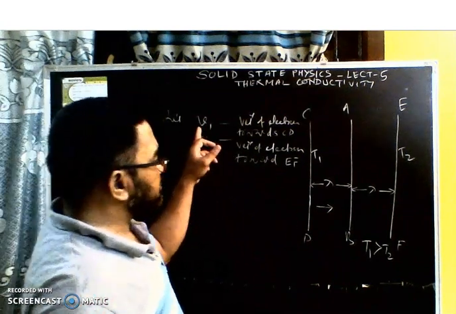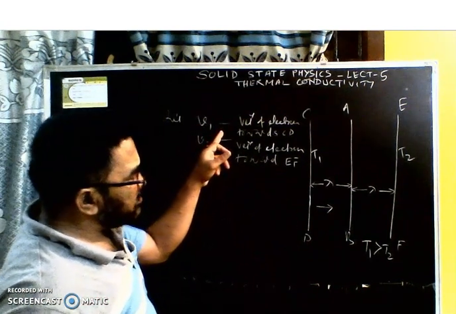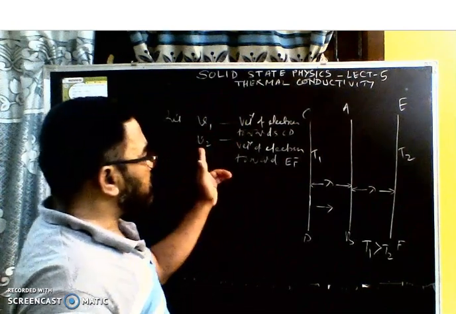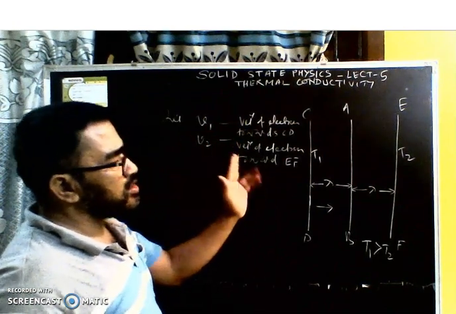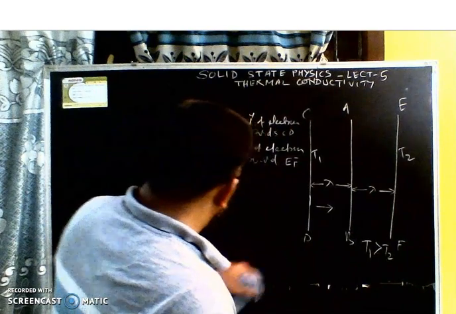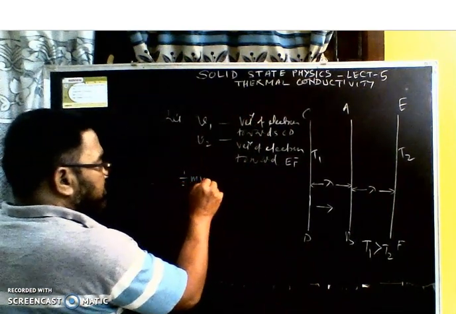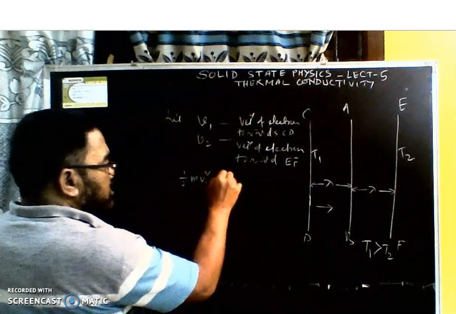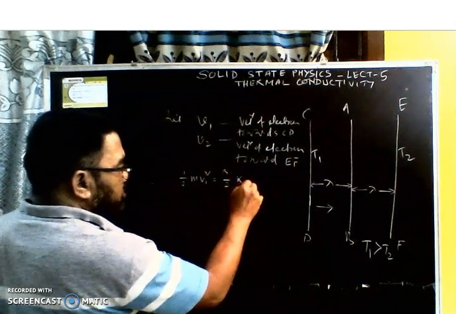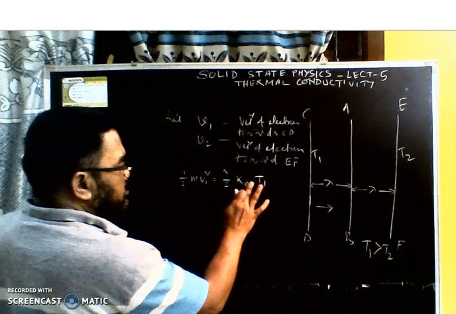V1 is the velocity of electrons having some higher kinetic energy, and V2 is the velocity of electrons with lower kinetic energy. Therefore, half m V1 square is equal to 3/2 kB T1.